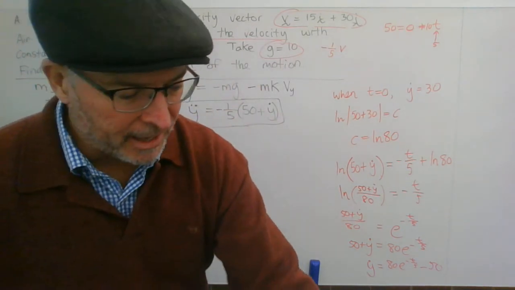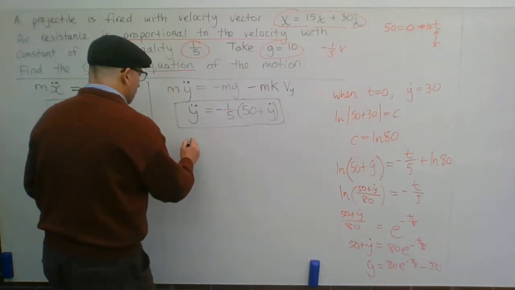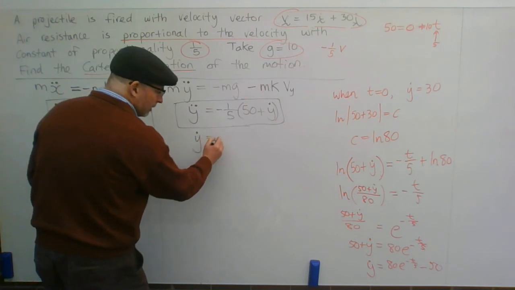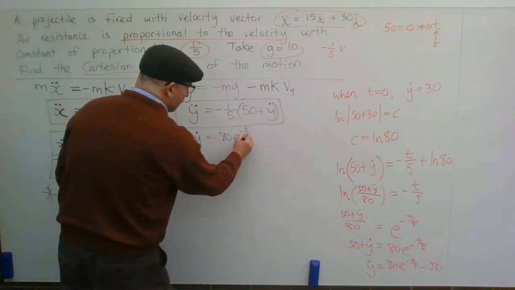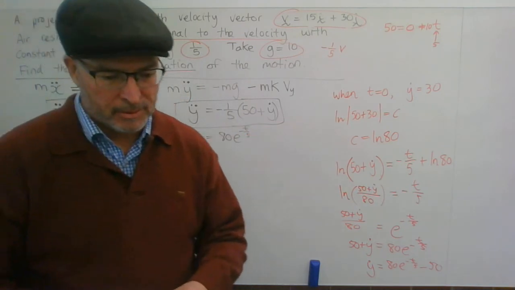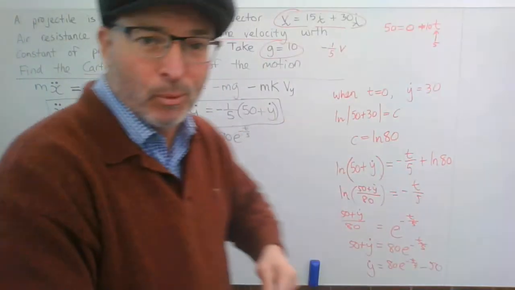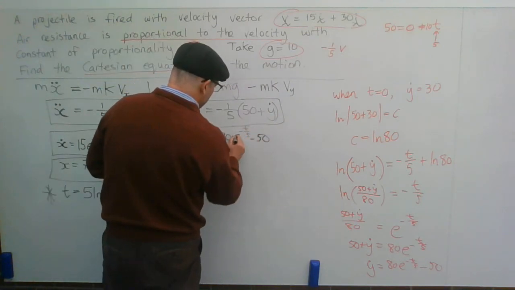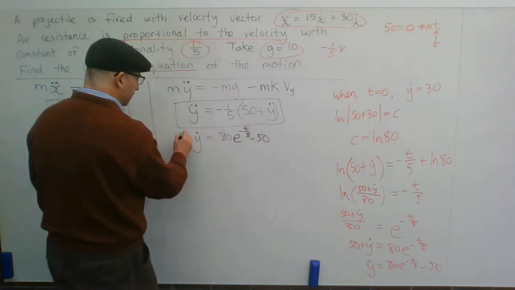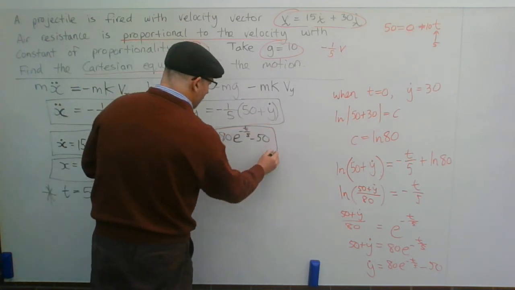So I'll write that down up here for my y dot. Y dot equals 80 e to the minus t on 5 minus 50. That's my y dot.